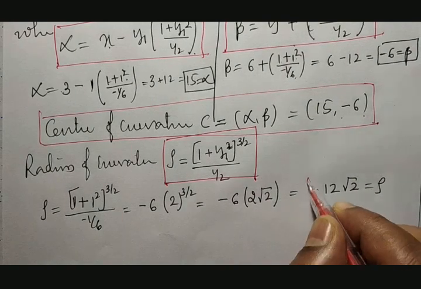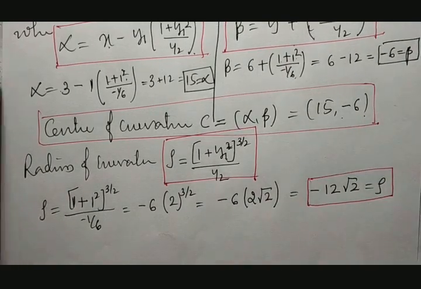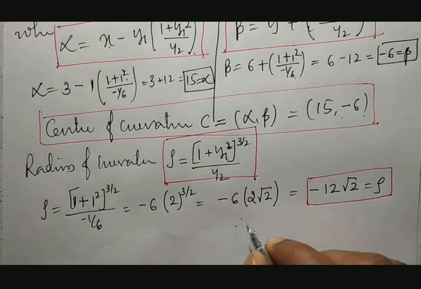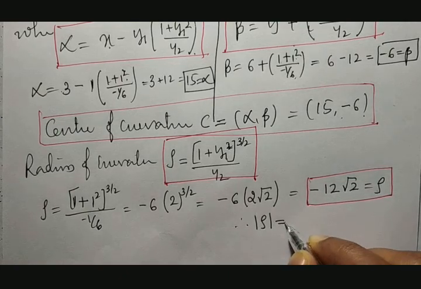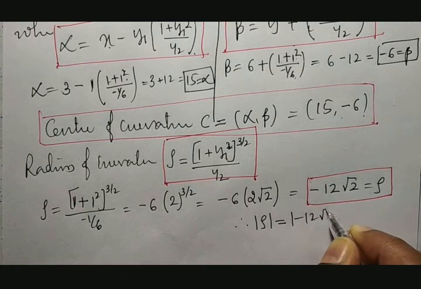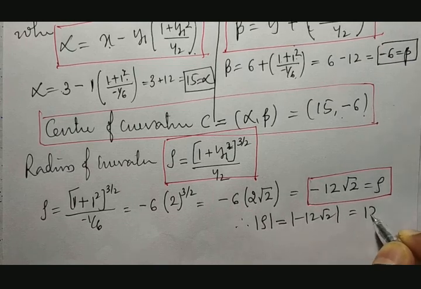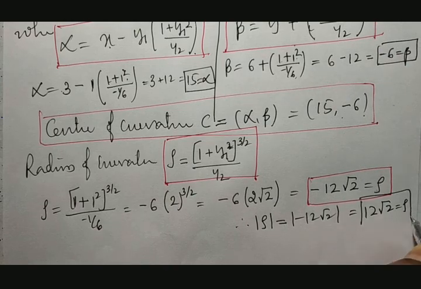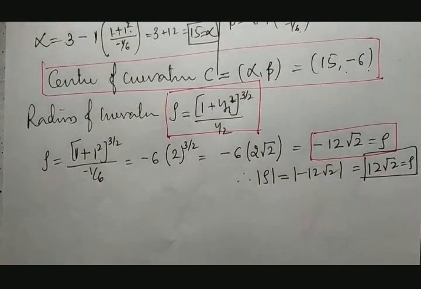Usually we keep this under the modulus sign, so mod rho is equal to 12 root 2, positive.